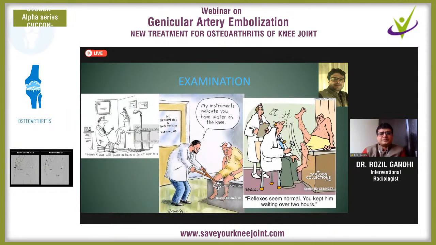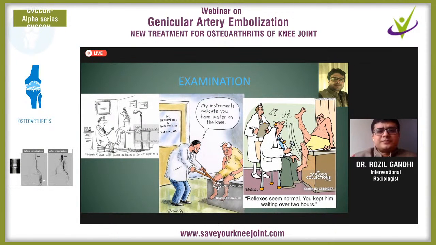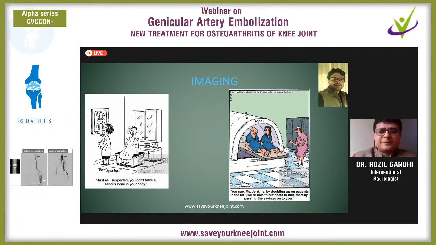So check for the reflexes, see whether the knees are swollen or not, whether there is movement abnormality or not, get an MRI done, get a radiograph done.